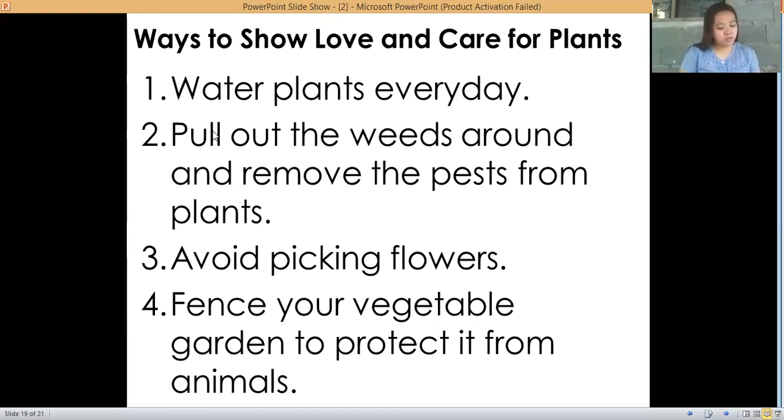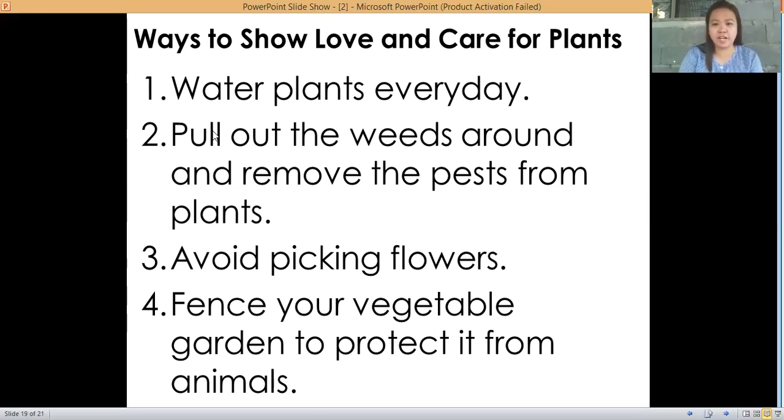Next is, we know this already that if we remove or cut all the trees in our mountains or in our forest, the animals in the forest will have no home, and the lowlands will easily get flooded when the heavy rains come.